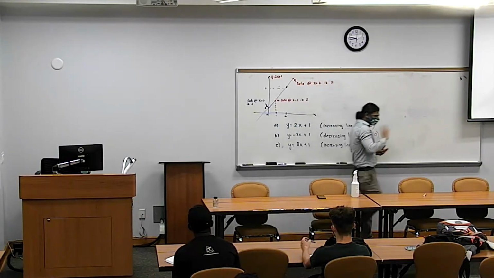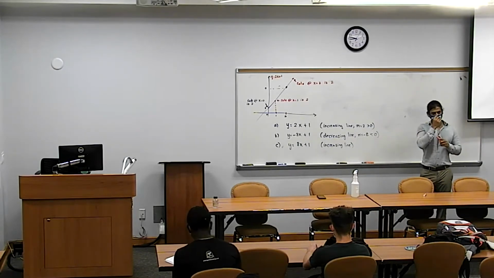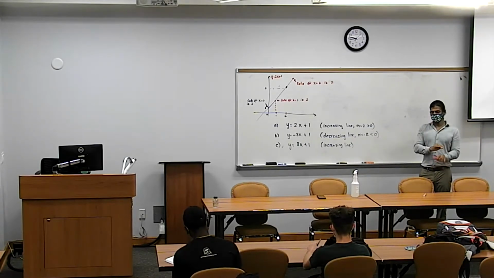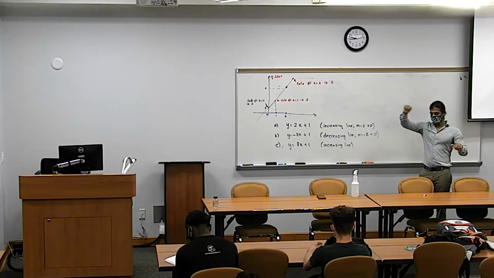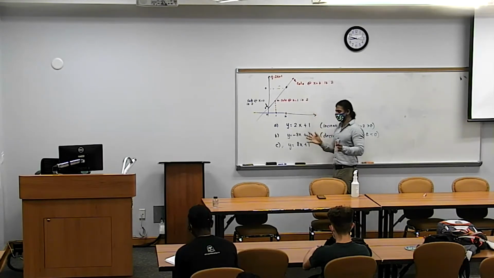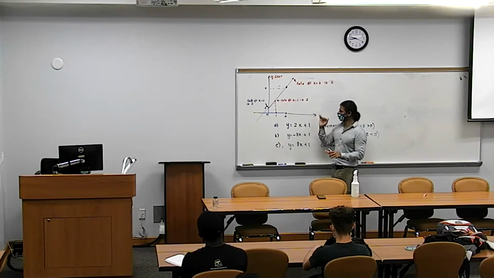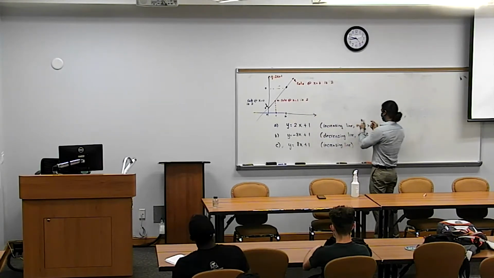So no matter where I look at this function, the rate is still the same because the line is increasing at the same rate. With me? So slope here gives the rate of change and that slope is constant. So it is easy when we look at a line.